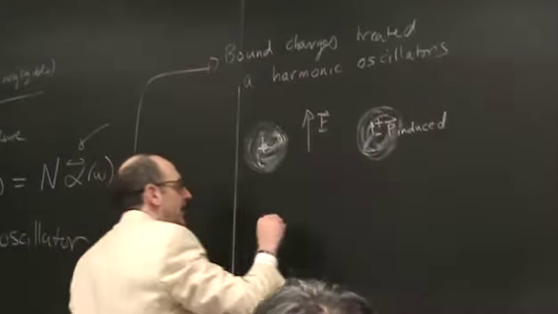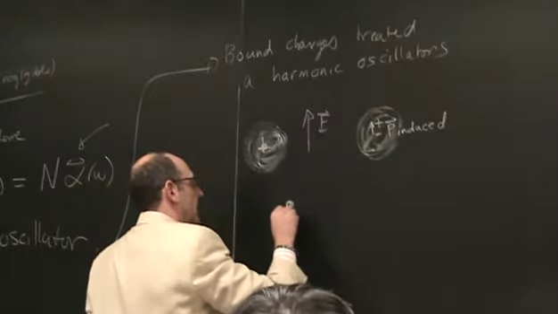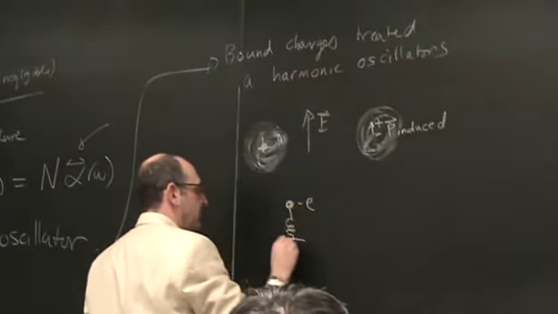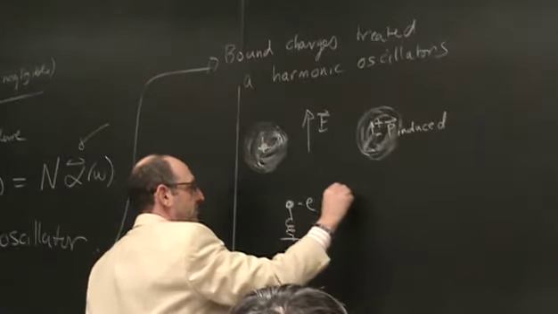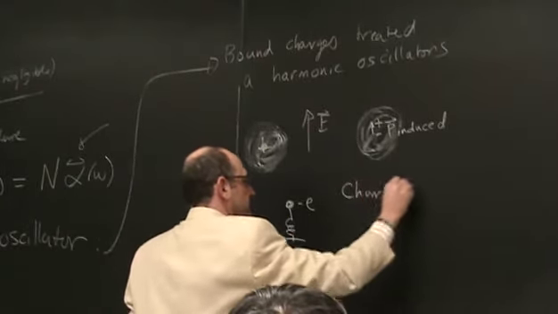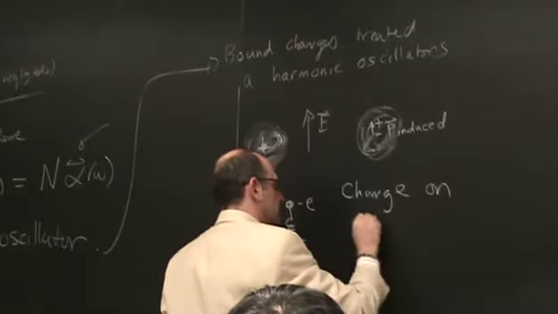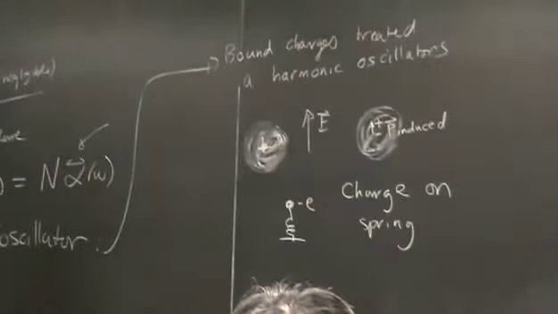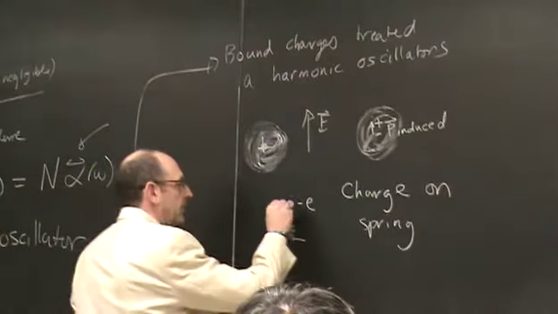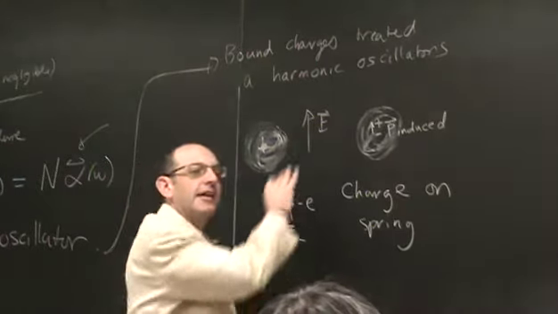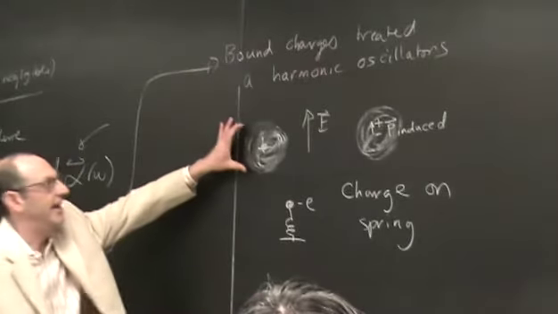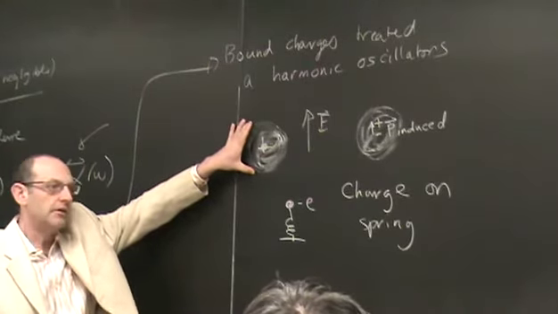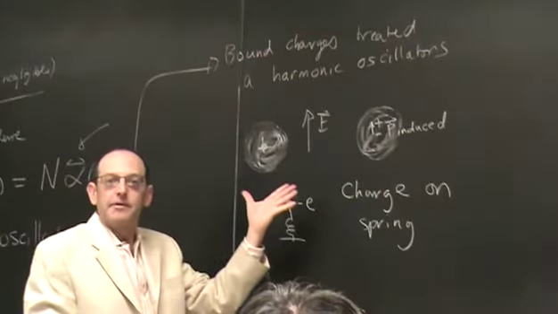So the idea then is to just say, well, okay, there's some charge on a spring. In this case, the charge is the electron. And there's some equilibrium position, which in quantum mechanics would correspond to the ground state, and there's no dipole moment.